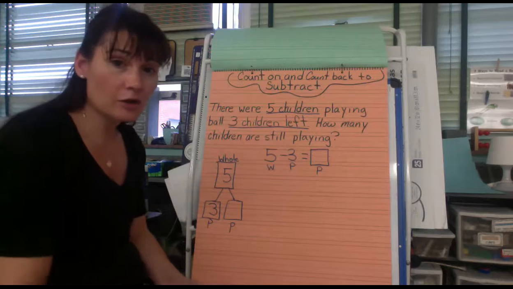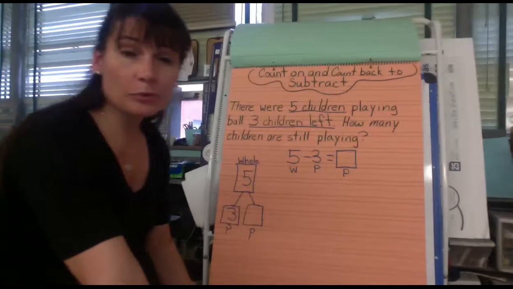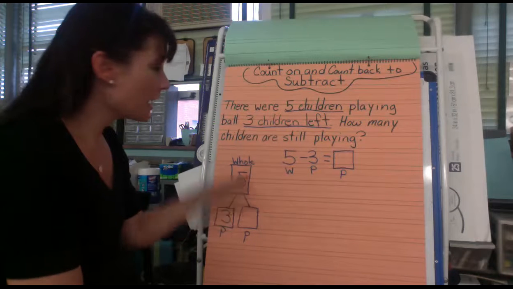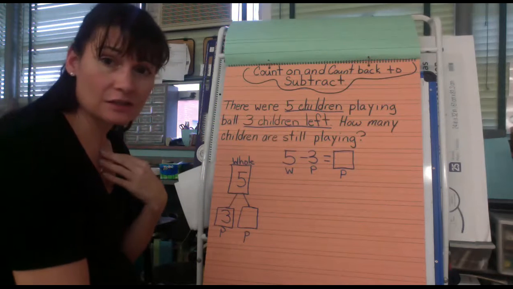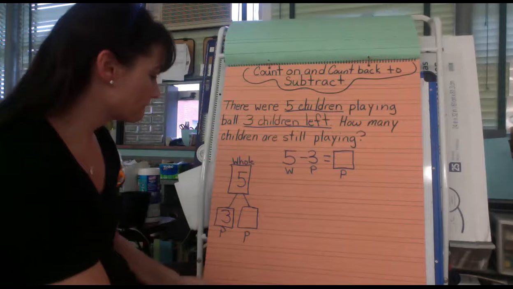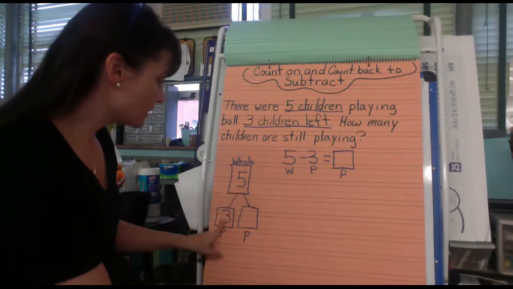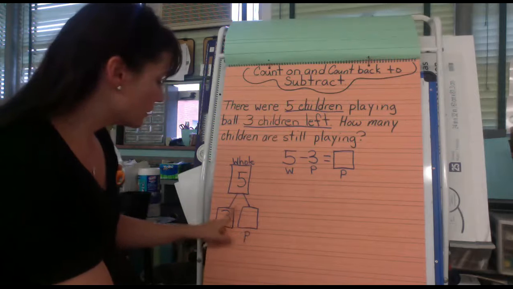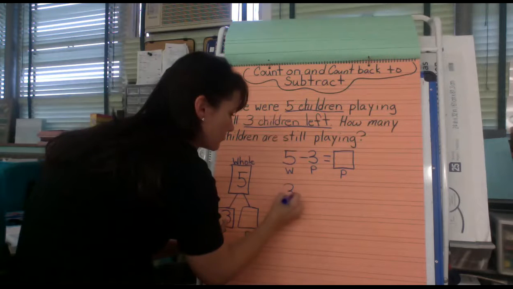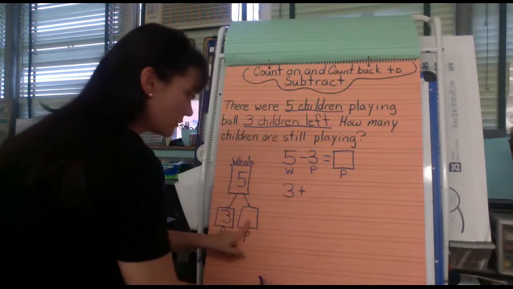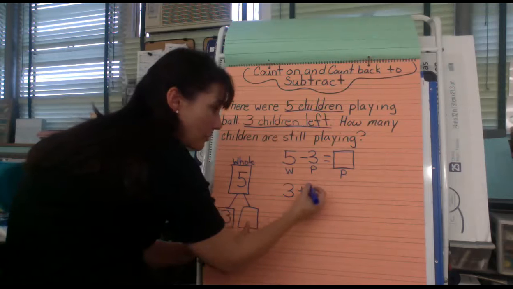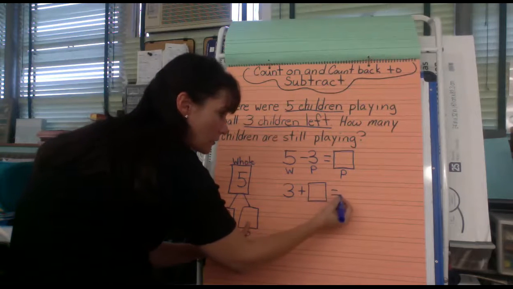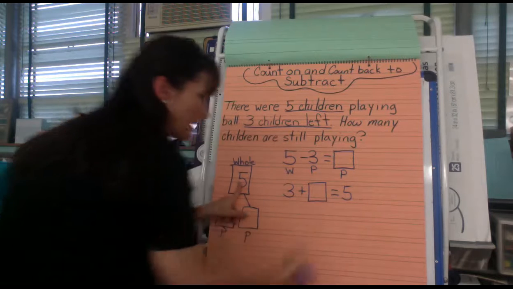And since we know that 2 parts are put together to make a whole, then I can think about an addition fact as well to help me think. So if 5 minus 3 equals my other part, then that must mean 3 plus my other part, and since I don't know what that part is yet, I'm going to go ahead and put a box, equals 5.